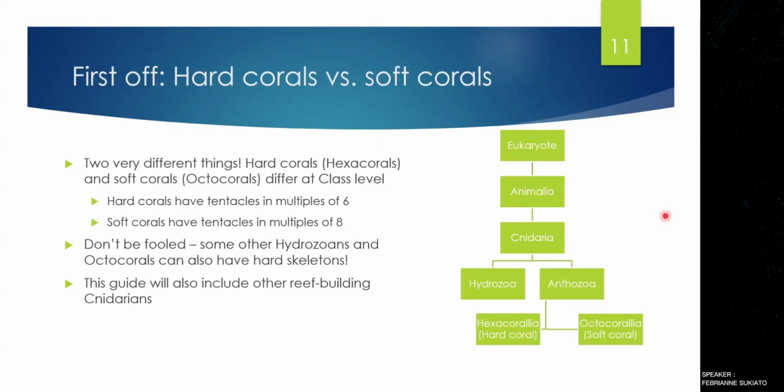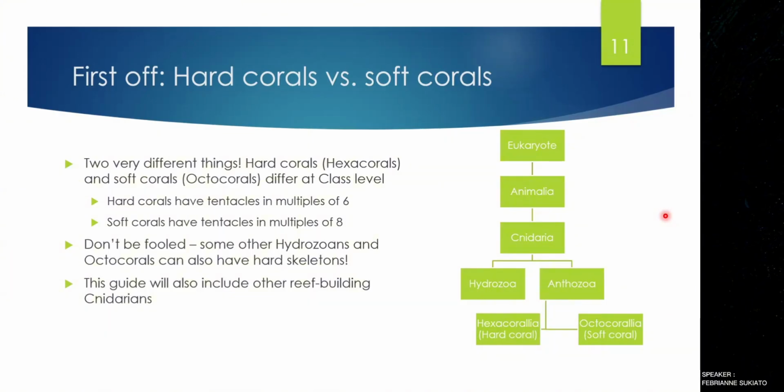So first of all, we're talking about what exactly is a hard coral, as defined by the tree of life. So hard coral is a hexacoral. It's a coral that actually has 6 tentacles, as compared to corals that have 8 tentacles and are generally considered as soft corals, quote unquote.